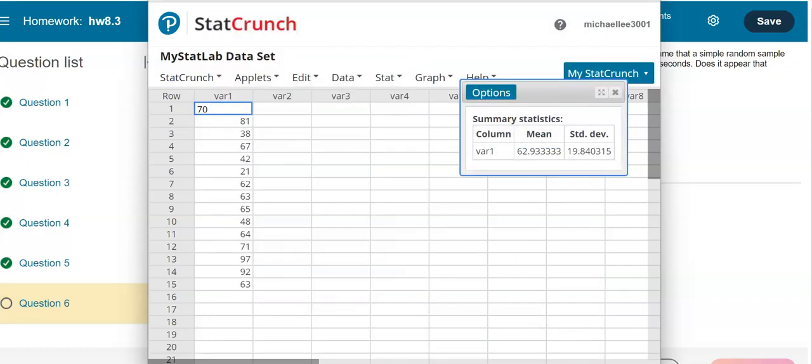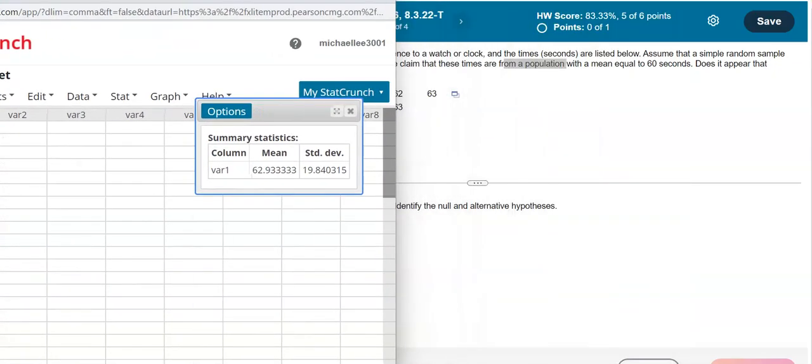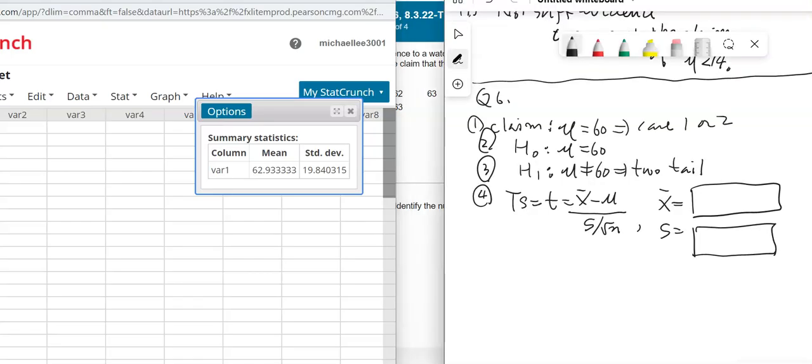So now, if I lose it, I better write this down. So this is 62.9333, and 19.840 is good enough. Now we need to find the test statistic.